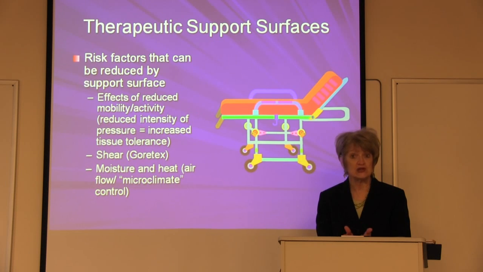Now, if you have a patient on a fairly rigid surface, a non-conformable surface like a standard bed or a standard chair, that patient's weight is supported primarily by their bony prominences. And what happens is you get peak pressures over those bony prominences. That leads to rapid collapse of the capillary beds in that area because the blood is shunted, diverted to surrounding vessels.